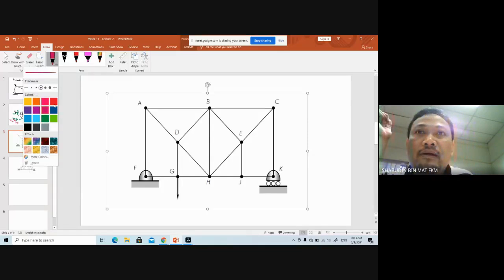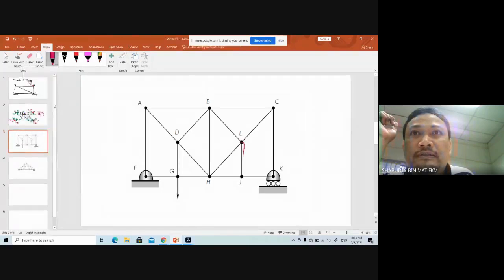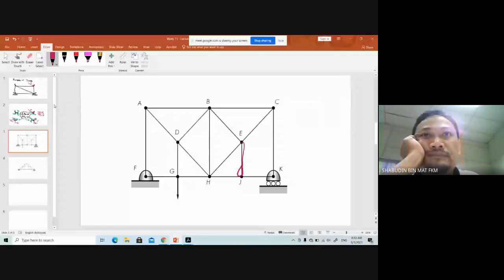See, that one is attached to that one together, so this one is zero. Correct me if I'm wrong. That one is a zero force member. Clear? When that one is zero, the one aligned with it is zero also.